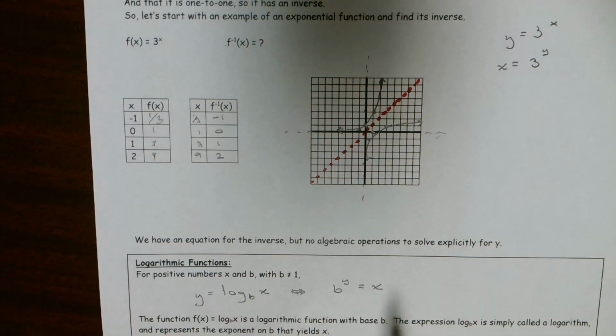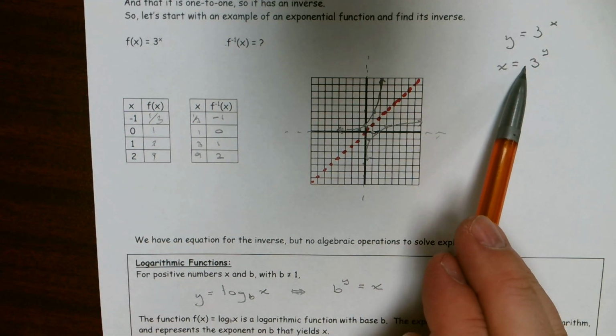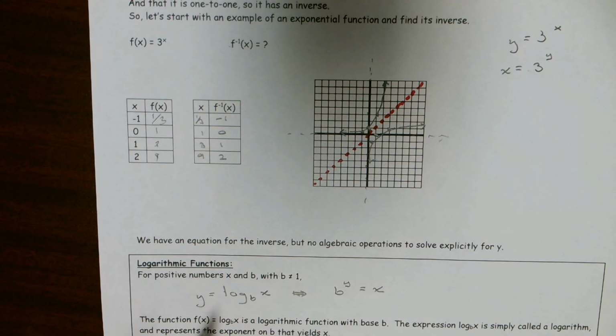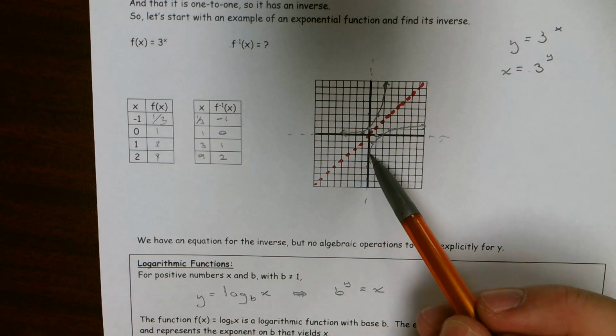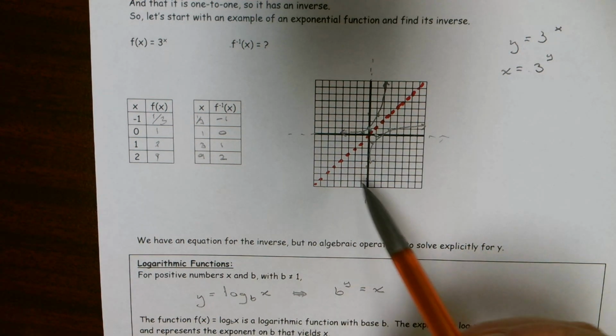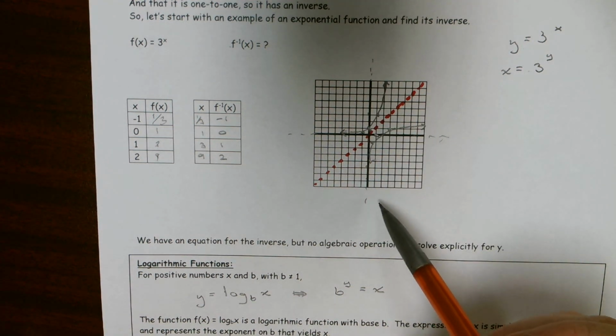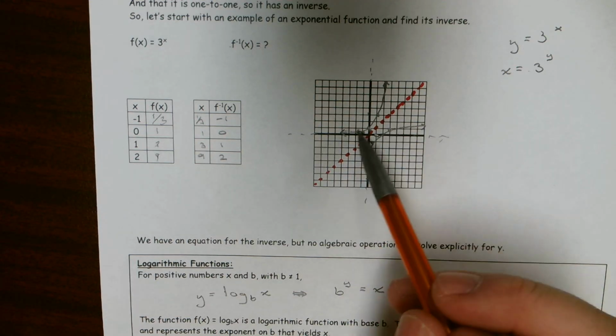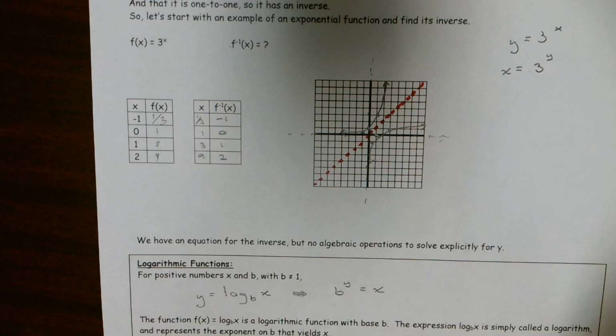So the inverse of this exponential is what we define as a logarithm. So what you're looking at here is a graph of a logarithm. To summarize the graph of the logarithm, let's revisit the graph of the exponential and we'll compare.